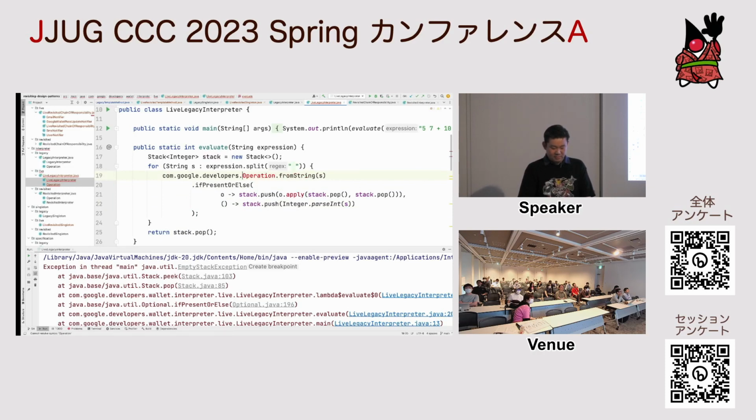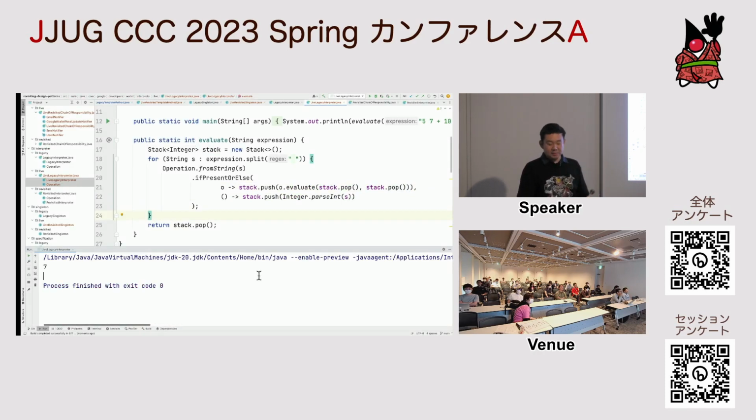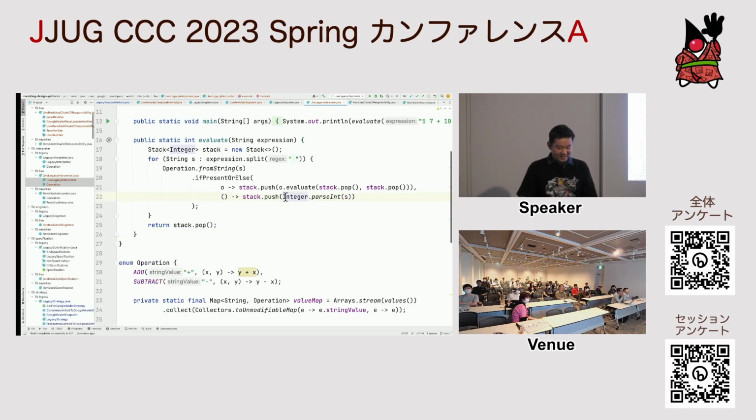Operation. And let's run. It works. Yeah, I did something wrong. Sorry. So yes, still 7. Okay, and this one is complicated to understand, but if you look at the source code later, it will become easier.